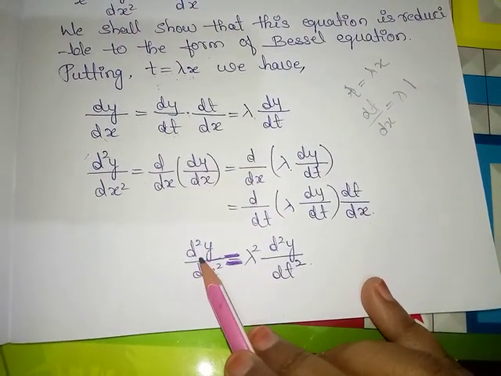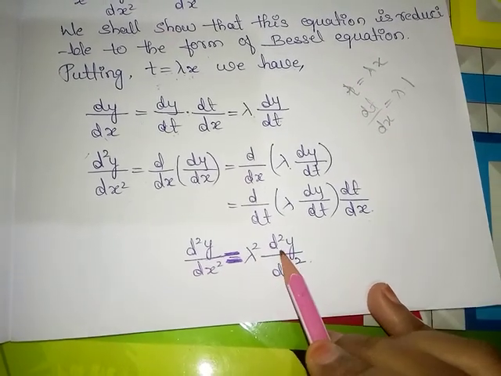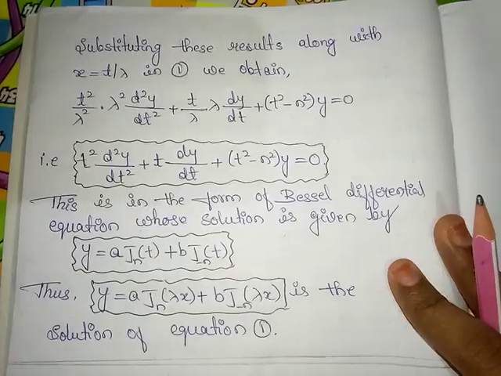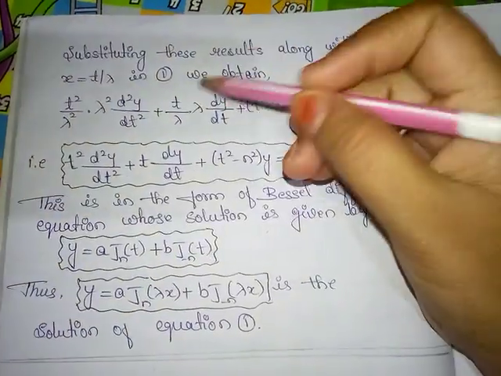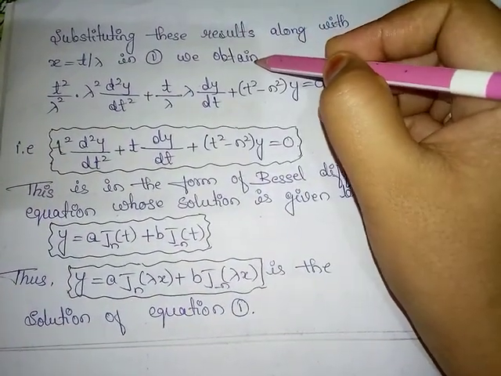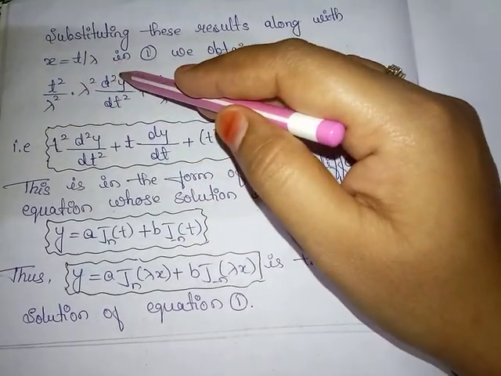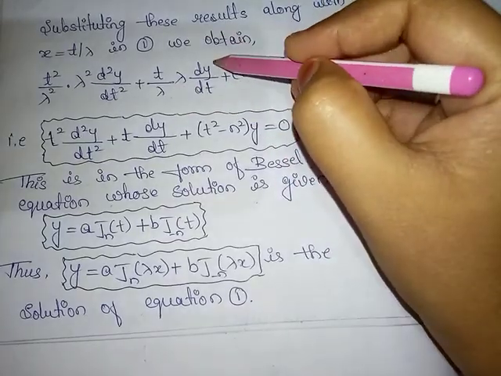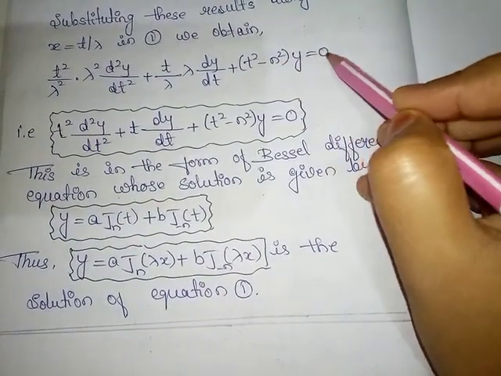Then d square y by dx square is equal to lambda square d square y by dt square. Now substituting these results along with x is equal to t by lambda in equation 1, we obtain t square by lambda square into lambda square d square y by dt square plus t by lambda into lambda dy by dt plus (t square minus n square) y is equal to 0.